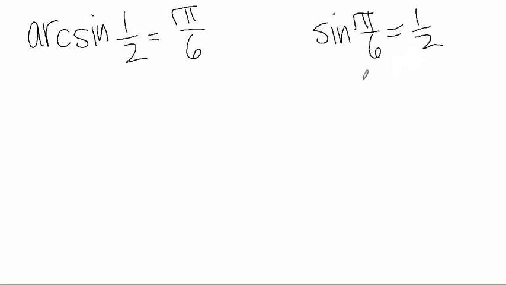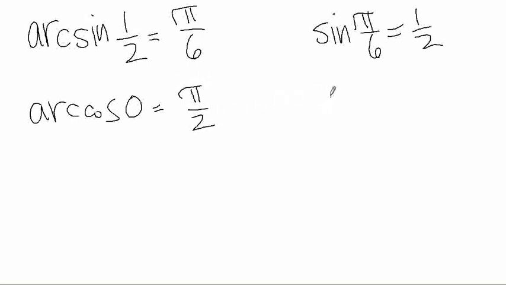All right? Let me do another one. The arccosine of 0, you can determine that with a calculator, or think about the definition of the arccosine and find out that the answer is pi over 2 because the cosine of pi over 2 is equal to 0. Now, let's be clear.